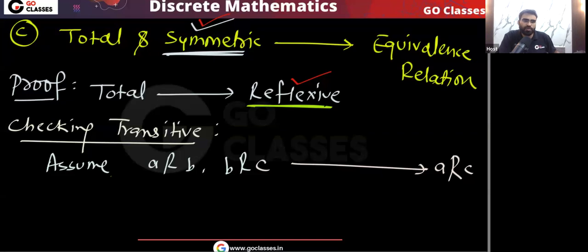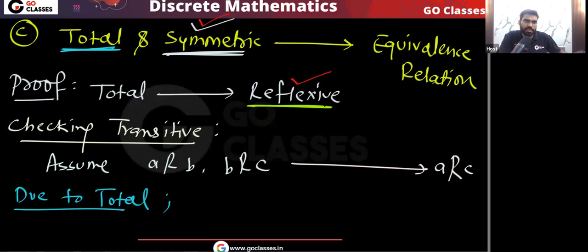This proof is actually very, very simple. If it is total, then tell me, ARC or CRA must happen, yes or no? Because it is a total relation, either ARC will happen or CRA will happen.